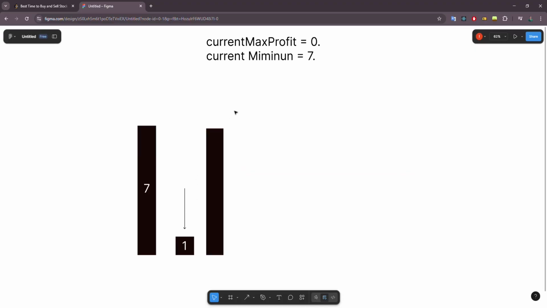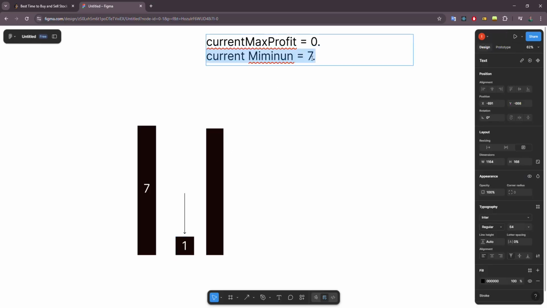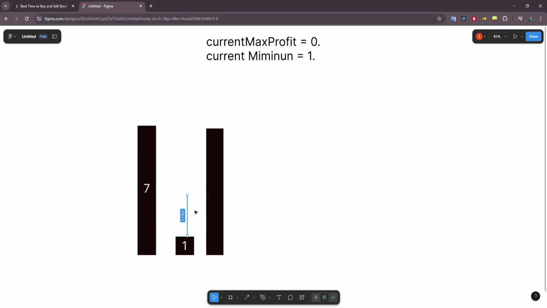So if the price goes up, what will be better? If you have bought here, or if you have bought here? It's better to buy the stock here if the price goes up the next day. So you need to set the current minimum to the actual minimum value, that is 1.